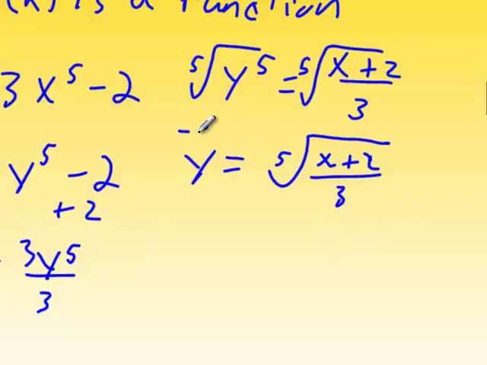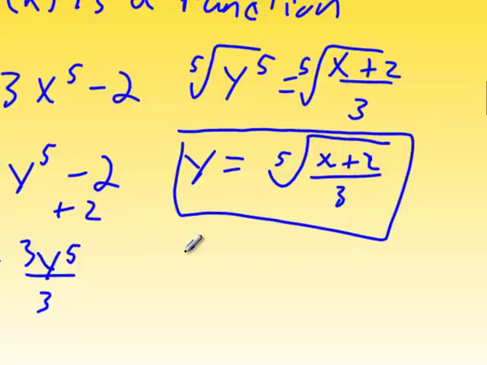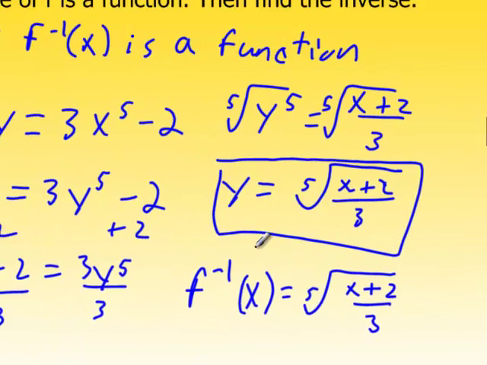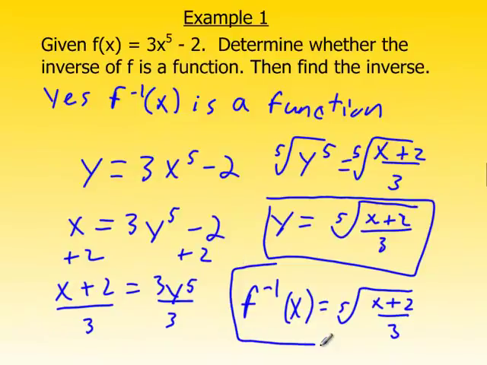And that is going to be my inverse function. Or we would rather write it like this: the inverse of f of x is the 5th root of x plus 2 divided by 3. So that's how we rewrite it in function notation.